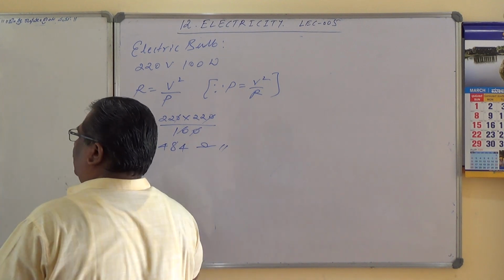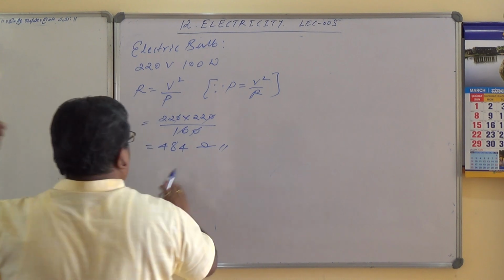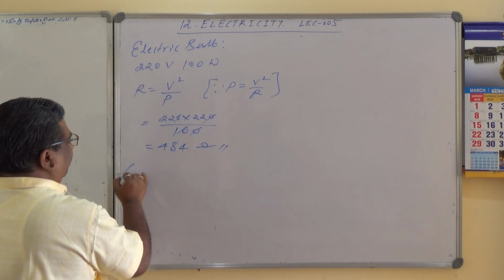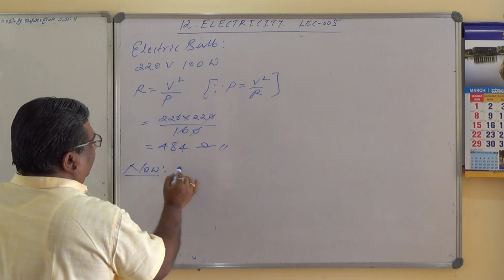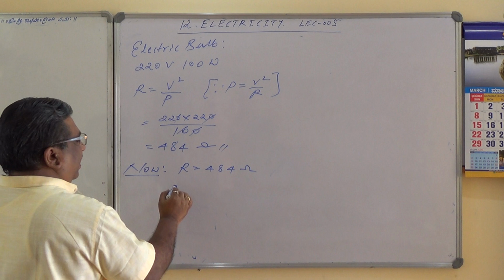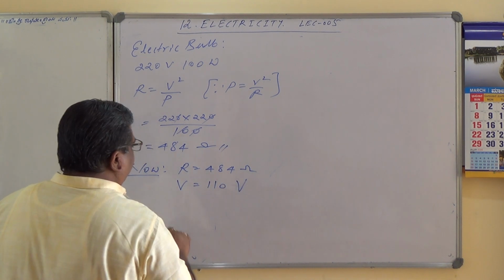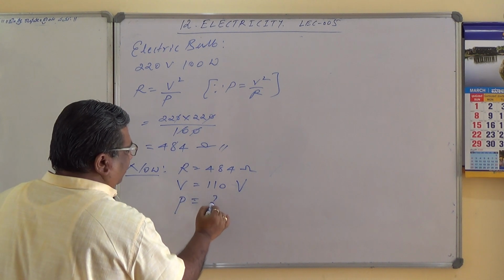Is that the question asked? No. When it is operated at 110 volts, what will be the power consumption? Now we know R equals 484 ohms, voltage equals 110 volts, and power is the unknown.